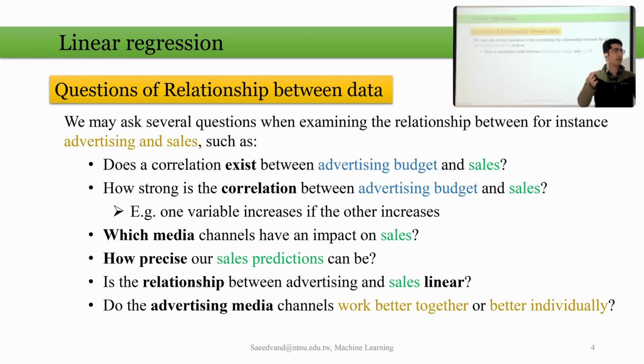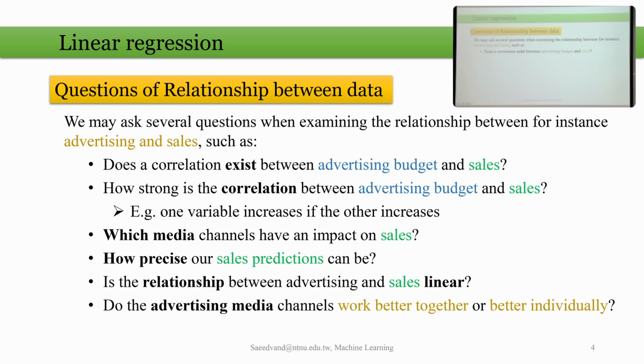You have some media, you want to spend some money to advertise, and you want to increase your sales. So let's make a prediction: how much advertisement on TV, social media, radio, newspaper can change or increase the amount of sales that I can have?